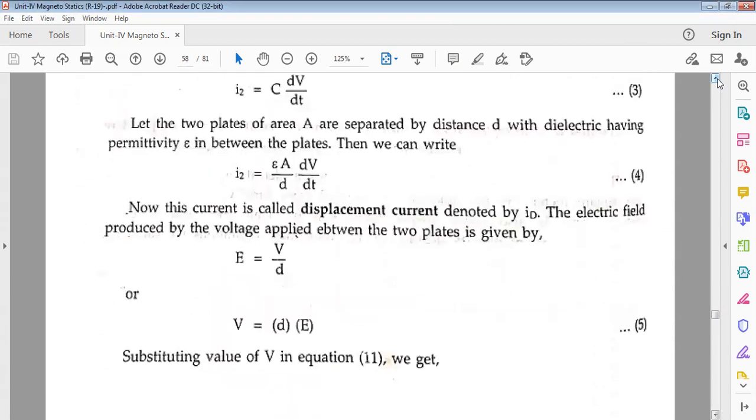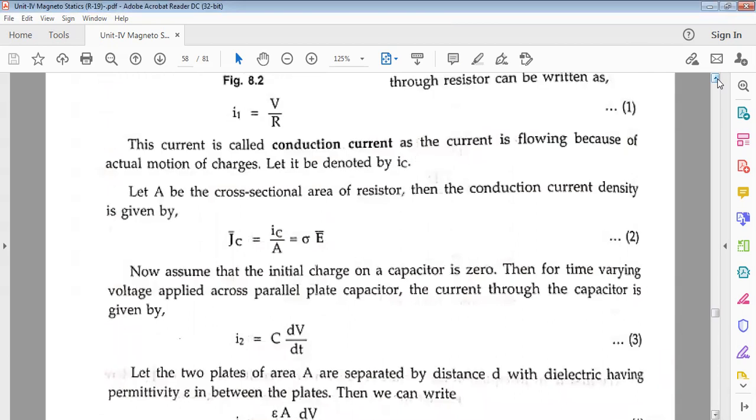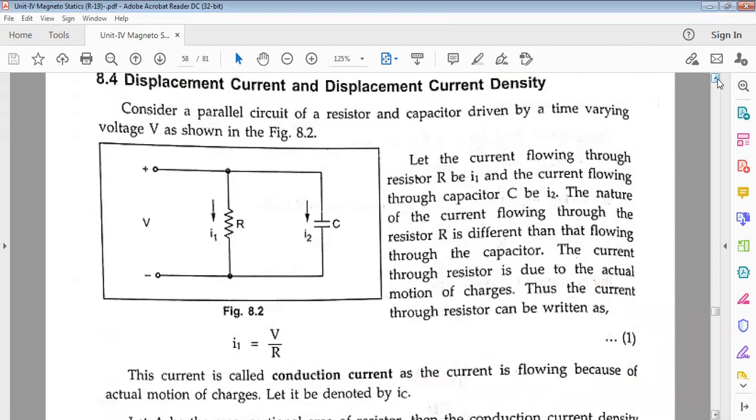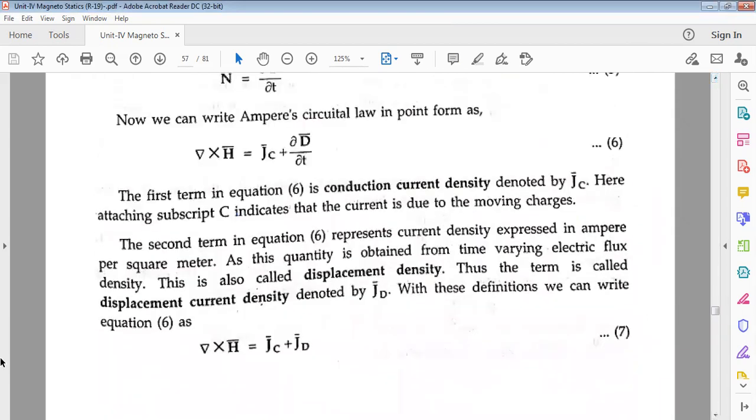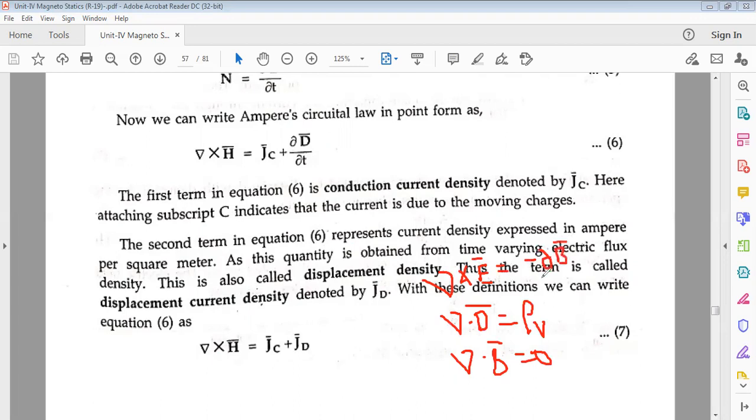We go to all the four Maxwell's equations. The four Maxwell's equations are: del dot D bar is equal to rho V, del dot B bar is equal to 0, and del cross E bar is equal to minus dou B bar by dou T, which is Faraday's law.